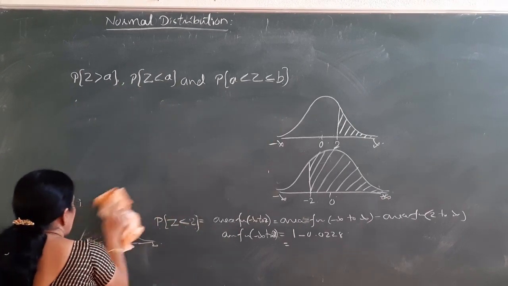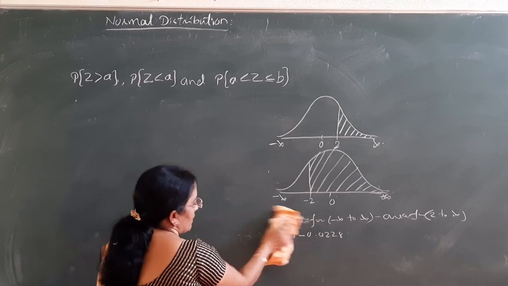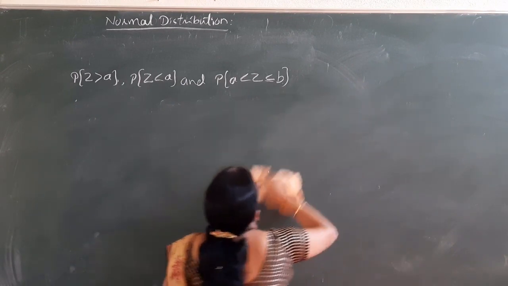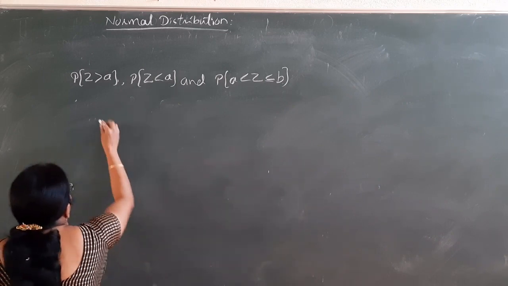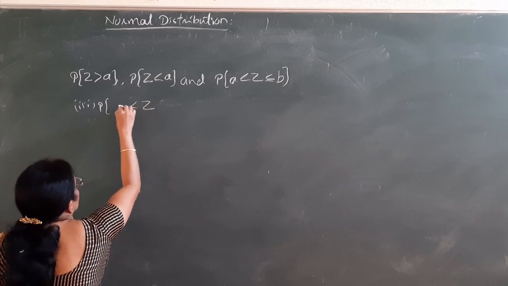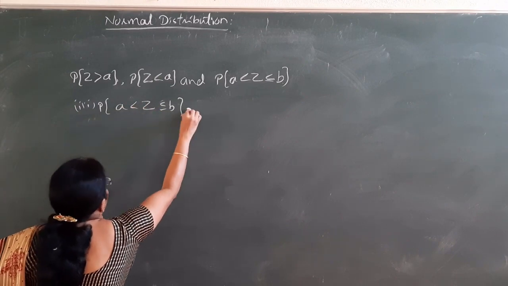Okay. Next, one more case, if z lies between a and b. What are a and b values? Those are specific values of z, may be negative or positive. How to find that? For example, I am going to consider now the third part, the probability of z lies between a and b, right?